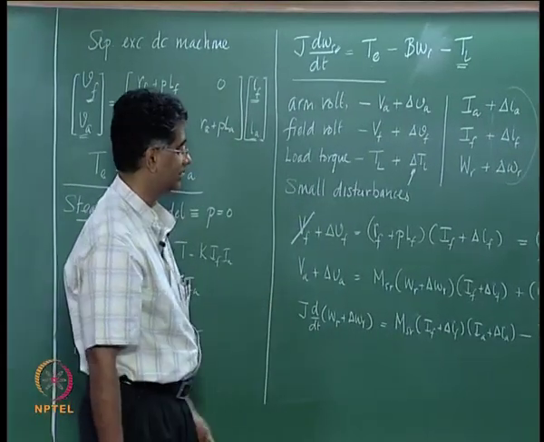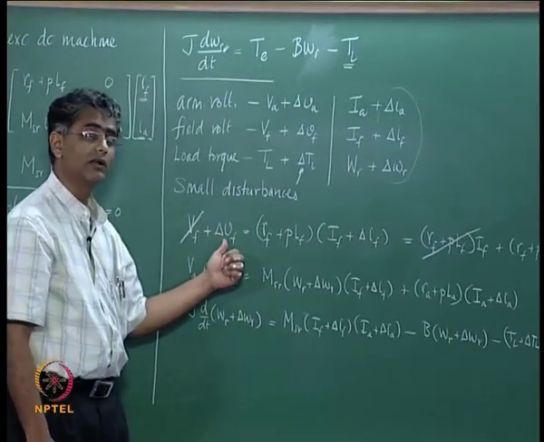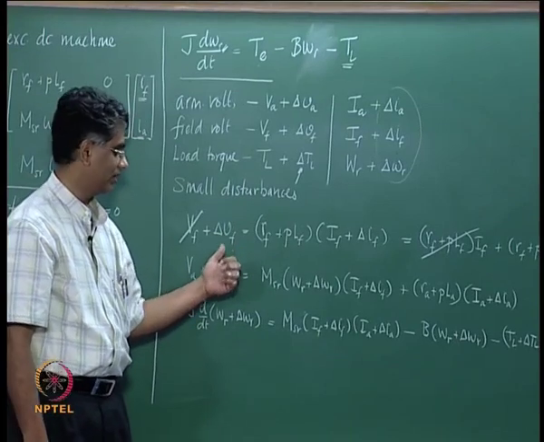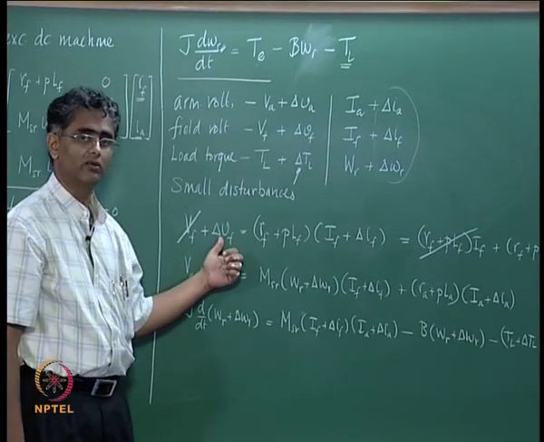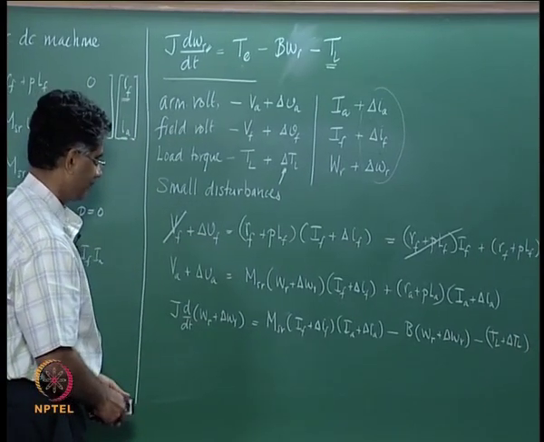It so happens in this machine that delta If is purely dependent upon delta Vf. The other variables do not have an effect on the field. This is for this particular case.